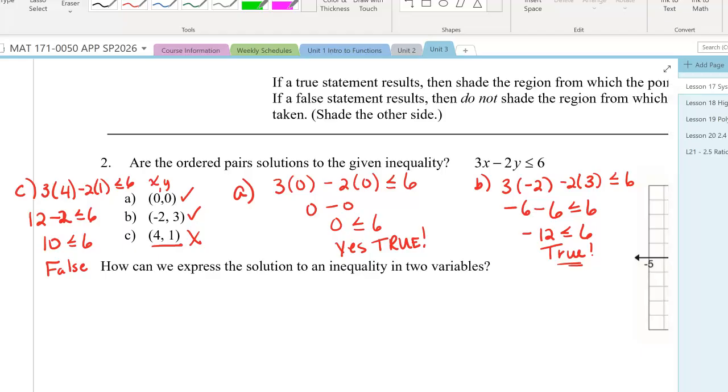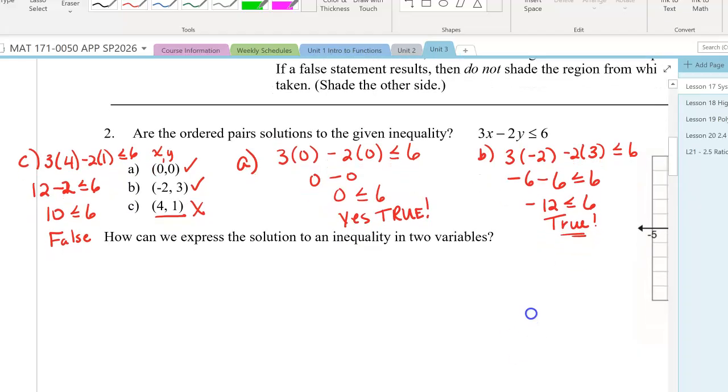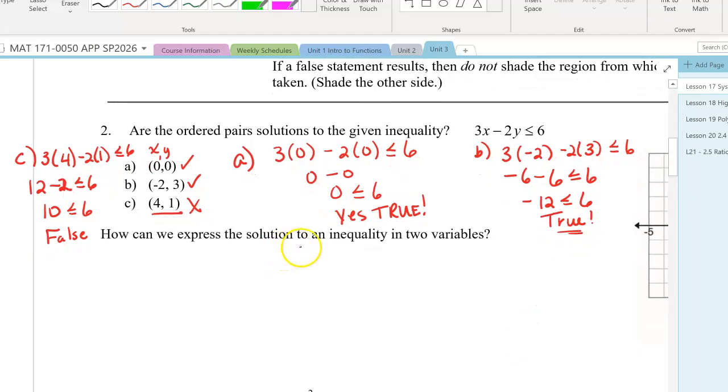So that leads us to the question, how can we express the solution to an inequality in two variables?